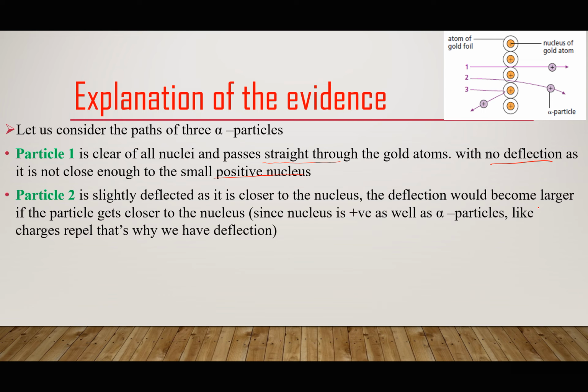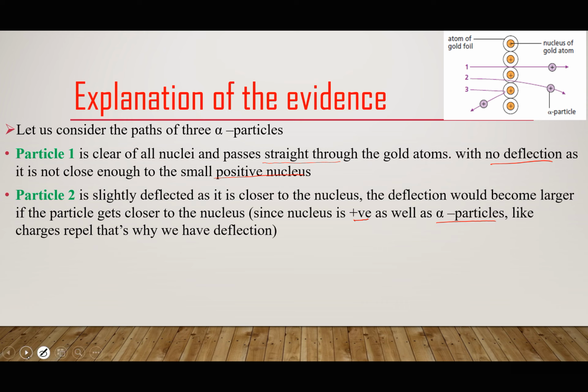Therefore, we could agree that the nucleus was positively charged. Since the nucleus is positive, as well as the alpha particles, like charges repel, and that's why we have that small deflection.